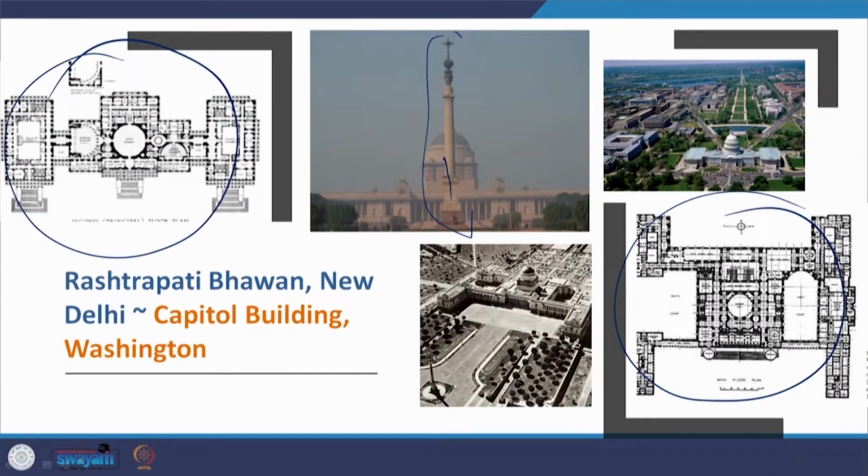But in terms of the visual identification of the Jaipur column with the Washington Monument, you find this very symmetrically aligned with the Rashtrapati Bhavan, and so also it happens with the Washington column and the Capitol building.